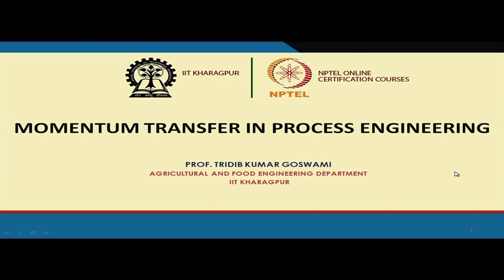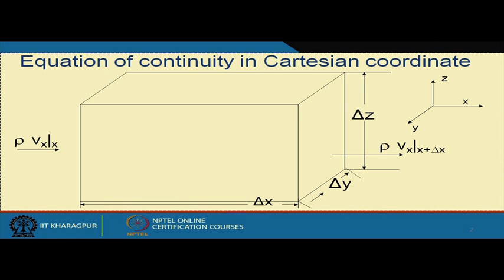So, we can go to the equation of continuity in the Cartesian coordinate system. We said in the beginning that we will take a volume element as small as we can think of, infinitesimally small.